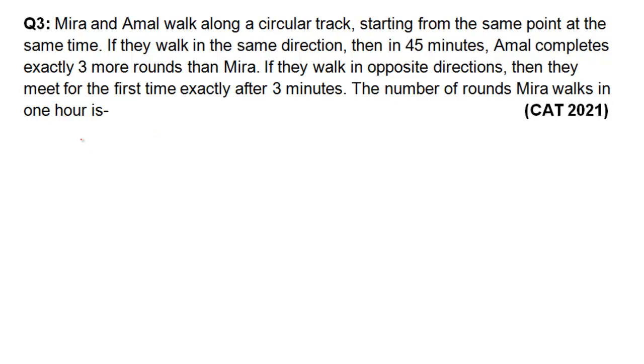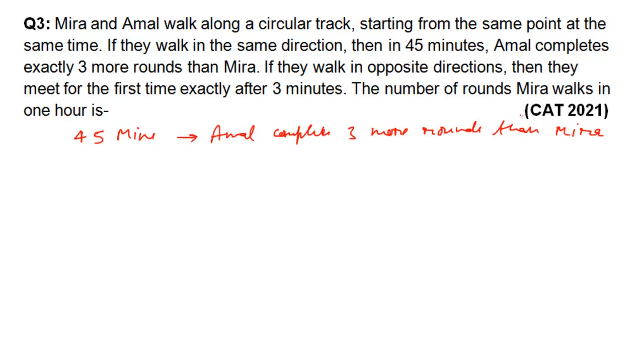So we see here that in 45 minutes, Amal completes 3 more rounds than Mira. So we can say that in 15 minutes Amal completes 1 more round than Mira, right?